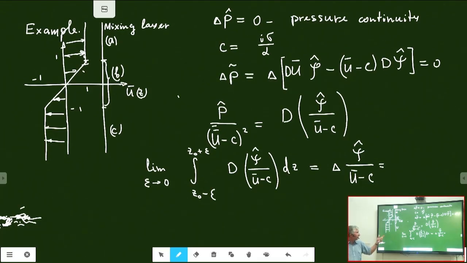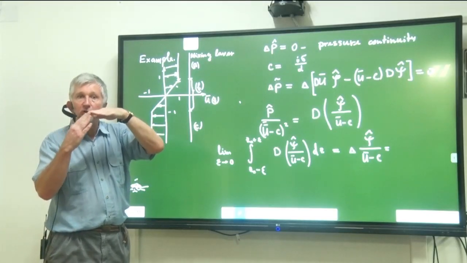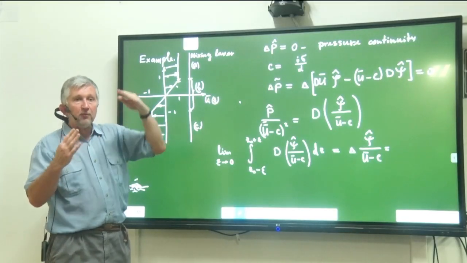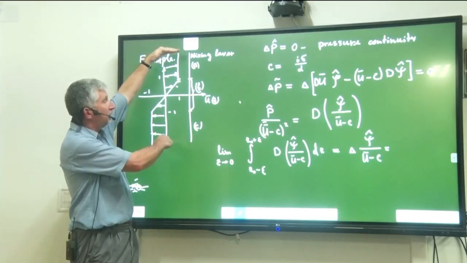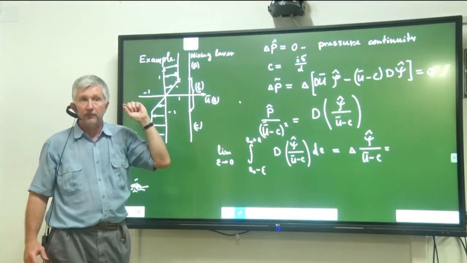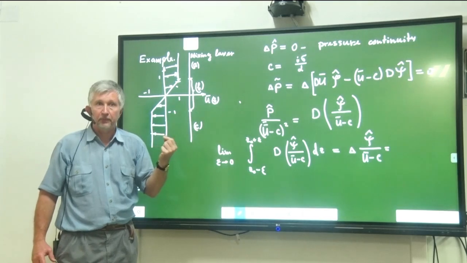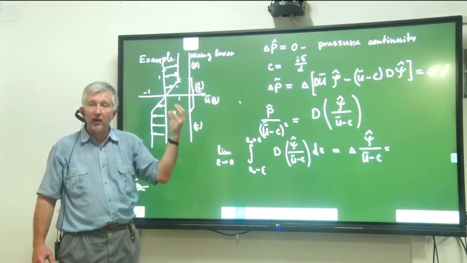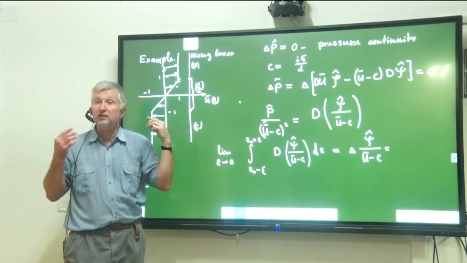But it turns out that in this case, even though individual profiles are linear, this is a straight line, this is a straight line, and this is a straight line, but they are connected in corners. So we might have a boundary condition here, and a boundary condition here, but in between those boundary conditions, we have another pair of conditions. And those ones are non-zero. They are jump conditions which need to be there to ensure that pressure variation is zero.